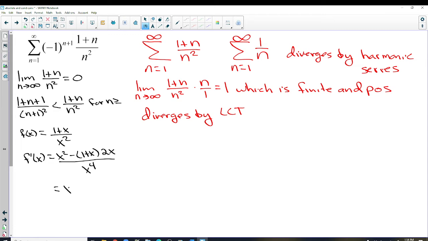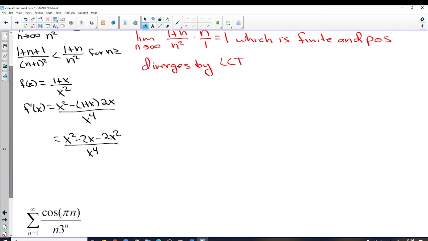I totally lost track of what I was saying. 2x squared over x to the fourth. So negative 2x minus x squared over x to the fourth. So we only care about the top as far as the signs are concerned. So negative 2x minus x squared, we want that to be less than 0.